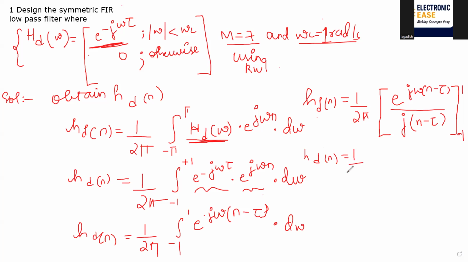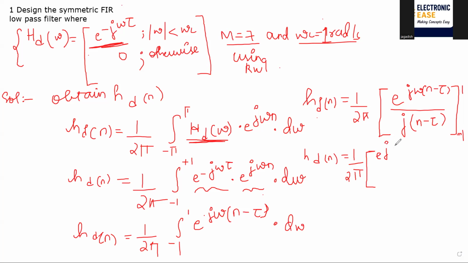1 divided by 2 pi. So this entire term I will be taking outside the bracket. So 2 pi into e to the power of, so upper limit, that is e to the power of j, omega value I need to substitute as 1.